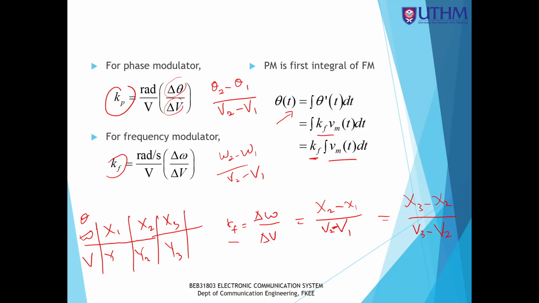This is a simple question. You just need to subtract the given values and divide by the voltage, so you get the deviation sensitivity parameters.